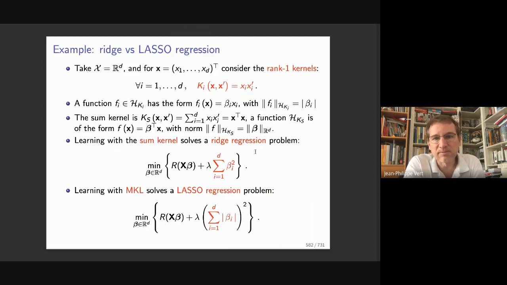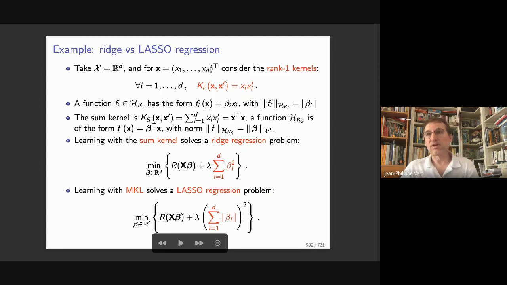Right, so you can check this slide, but if you take linear models, or even more, suppose you start with data which are vectors in d dimensions, and suppose you say, well, I create d kernels, and each kernel, Ki, is just the inner product for dimension i.